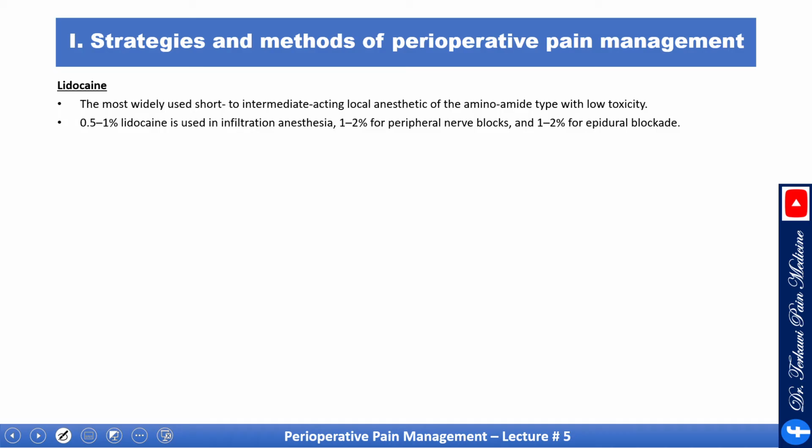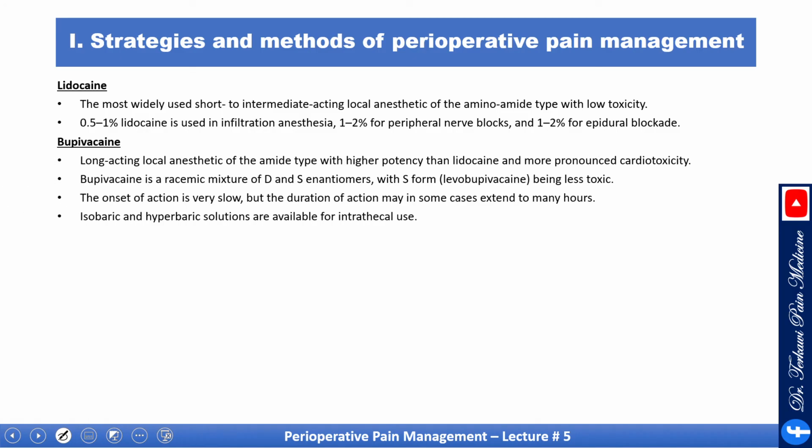Let's go over the most common local anesthetics very briefly here. So lidocaine is the most widely used short to intermediate acting local anesthetic of the amino amide group. Usually it's 0.5 to 1%, used as infiltrative analgesia or perineural or epidural.